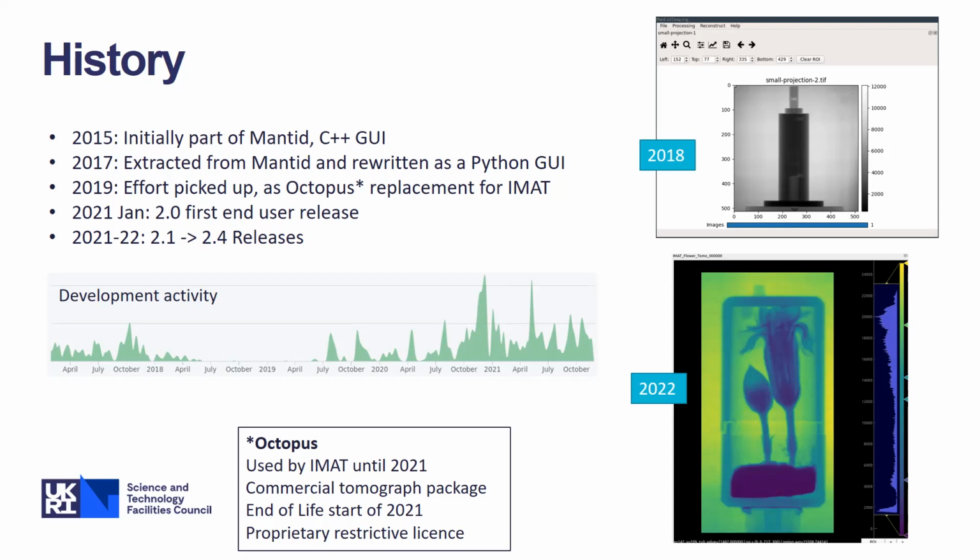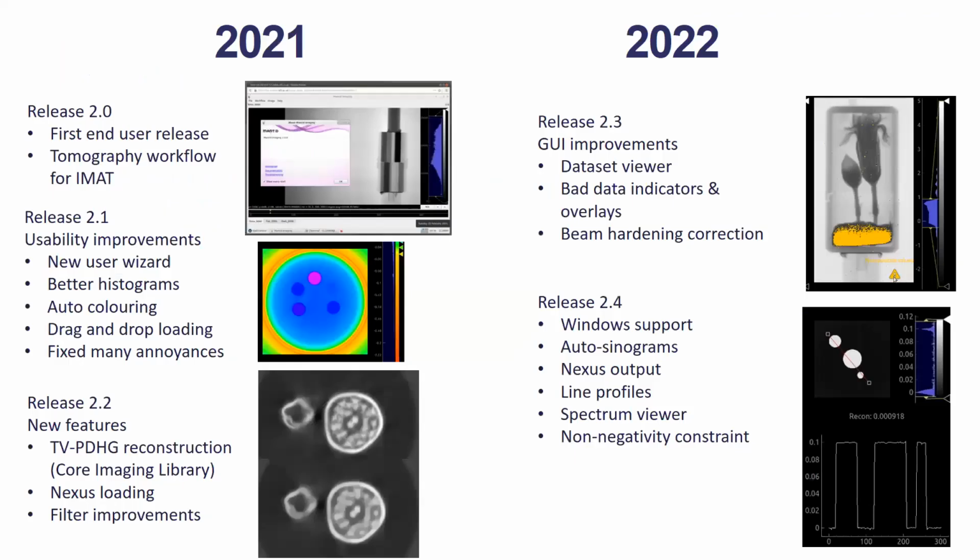And since then we've done several point releases, and you can see that it's visually changed quite a lot over that time. So more recently, since our first user release, we've done lots of work on improving the user interface, improving usability, and adding new features, so these more advanced reconstruction algorithms, and then just tools to make things easier.